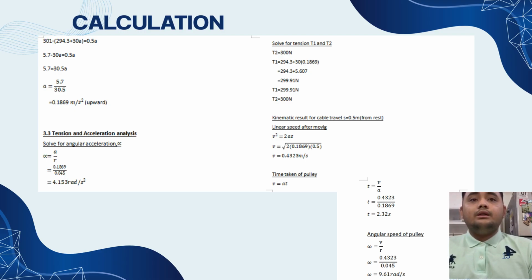We have to find the time the pulley pulls the cable, using the formula t equal v over a, and we get the answer 2.32 seconds. And last is the angular speed of the pulley. Omega is v over R, and we get the answer 9.91 radian per second.